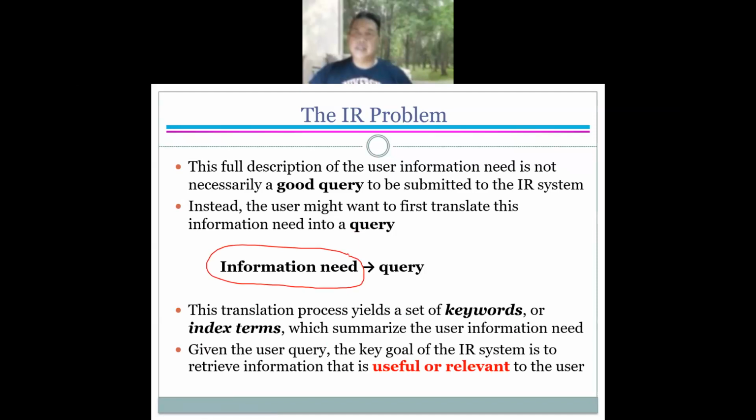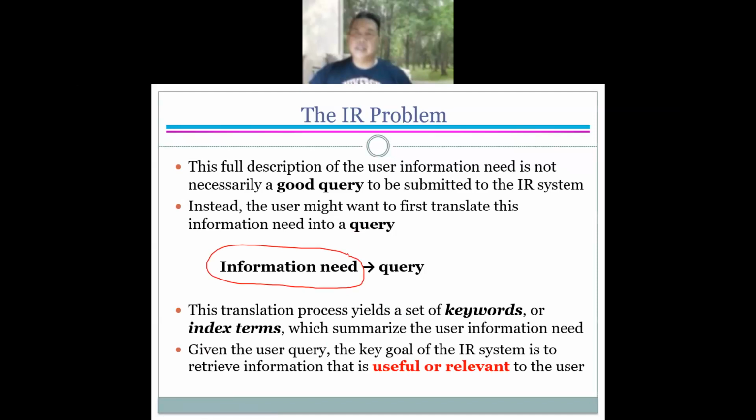A query is basically a series of keywords that you use to search when you try a Google search. Sometimes they call it an index term, because for each document you have, there are keywords that describe the article.